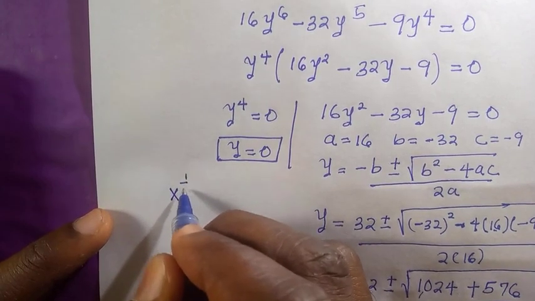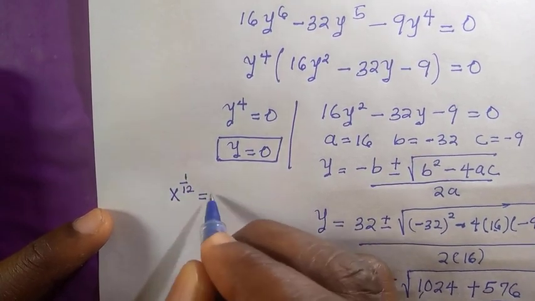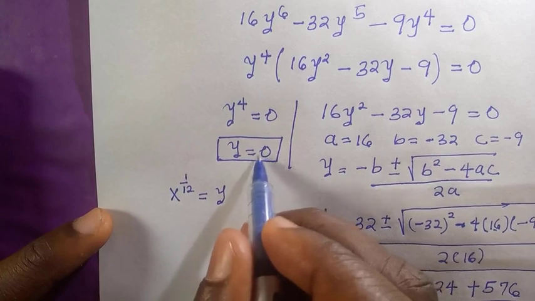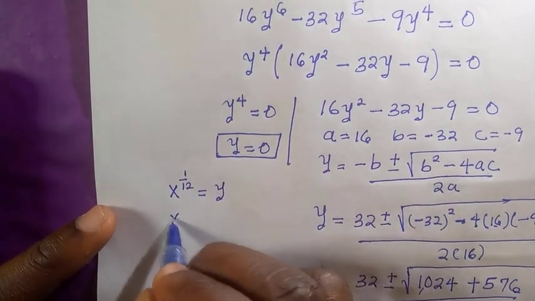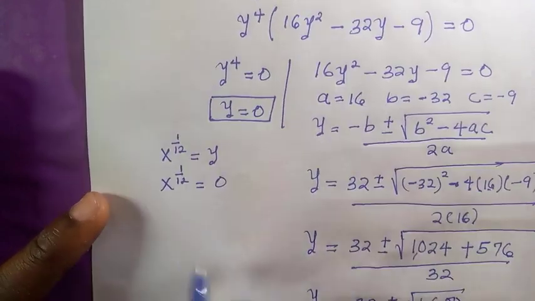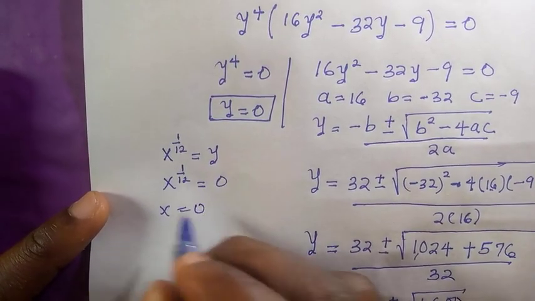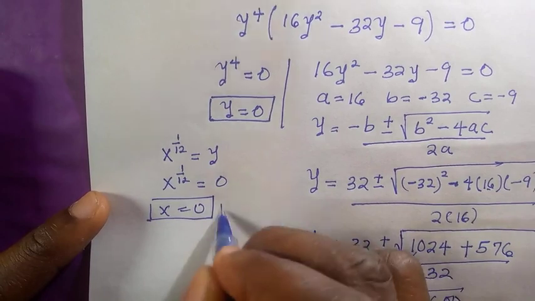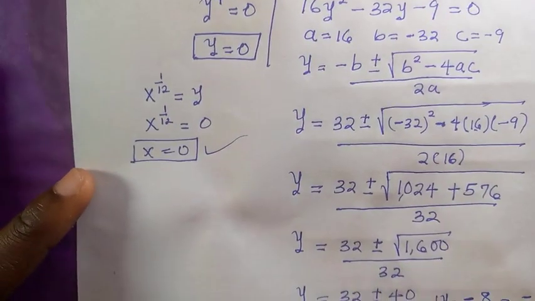So from x raised to power 1 over 12 equals y, and for y equals 0, we have x raised to power 1 over 12 equals 0, and x here equals 0, which is the first root that satisfies the equation.